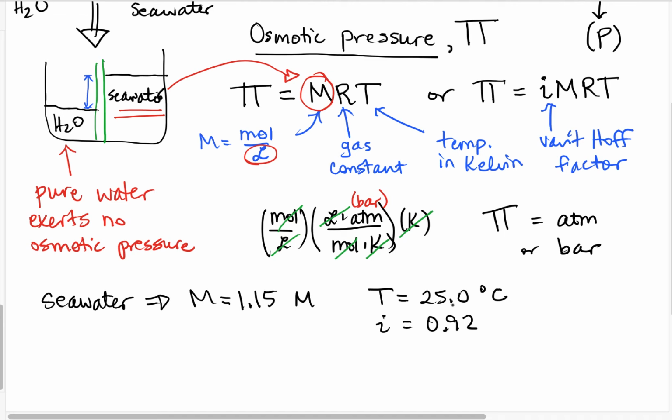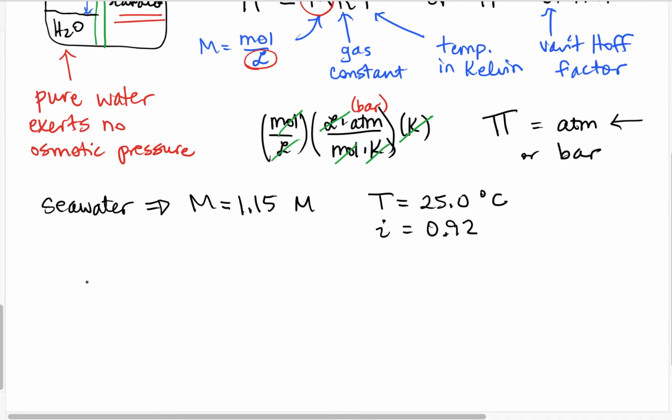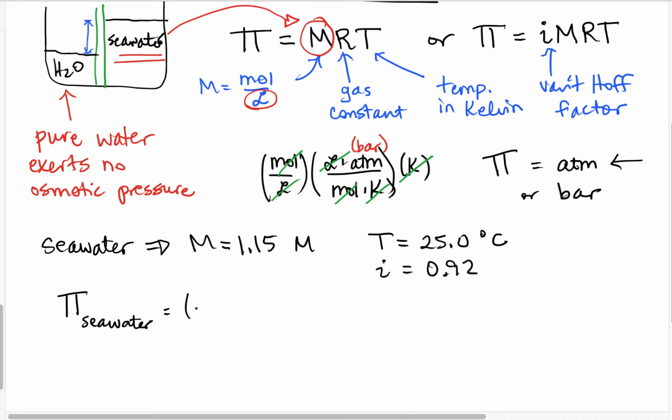Okay, so do we need anything else? We just need to pick which gas constant we're going to use. So let's go ahead and stick with the atmosphere gas constant. So we're going to calculate the pressure of the seawater. Our equation says that we need the van 't Hoff factor, 0.92. Remember, that's unitless.